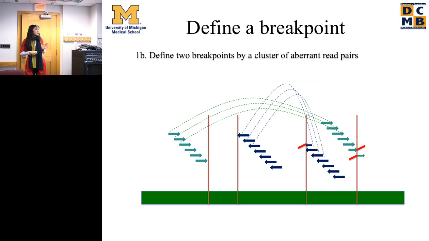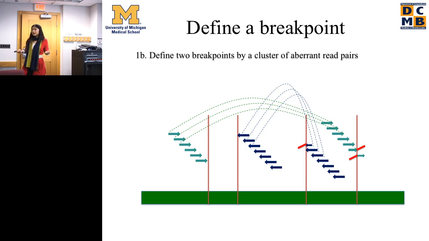After defining the breakpoints, our next step is to cluster different breakpoints together, because our method is not capable of running the whole genome, or even one chromosome at one time, because there could be hundreds or even thousands of breakpoints on the chromosome.